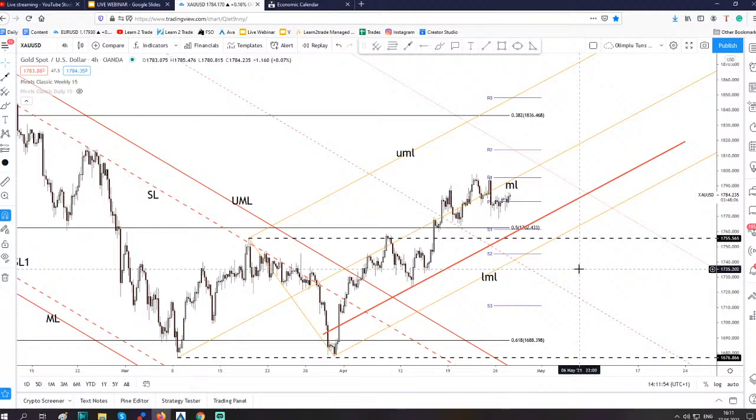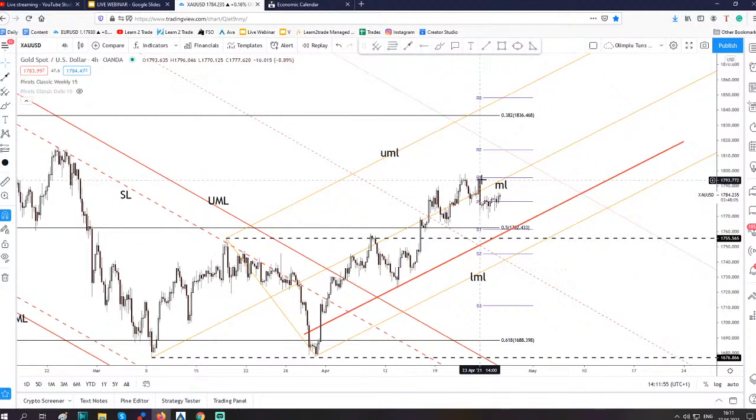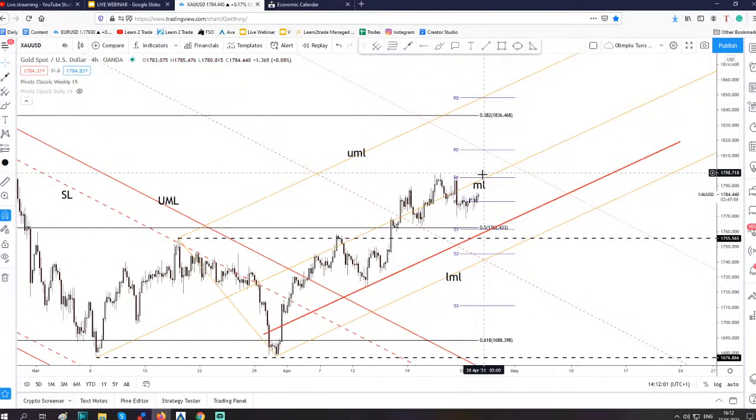So the price has decreased a little after its failure to stabilize right above the medium line of the ascending pitchfork, and it has decreased only because the US dollar has rebounded a little.